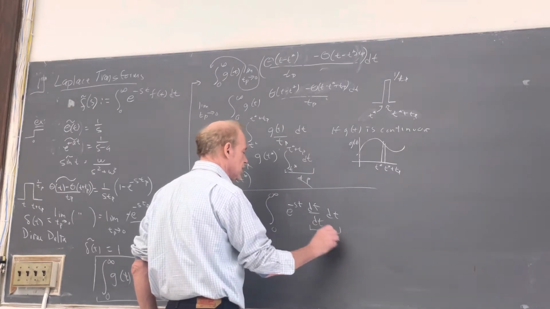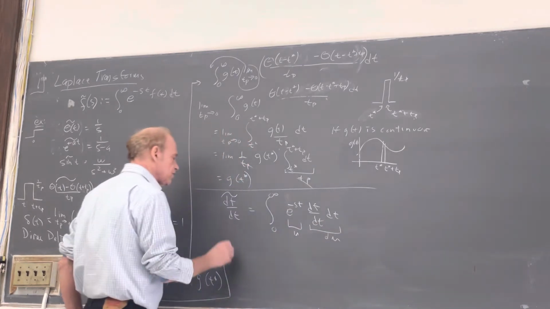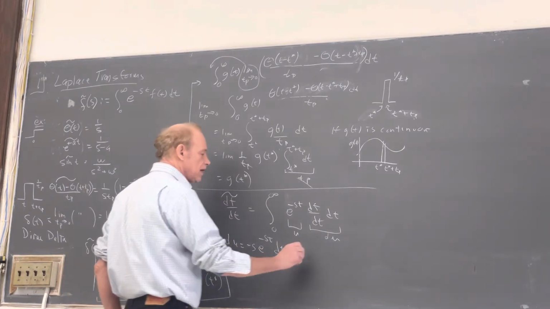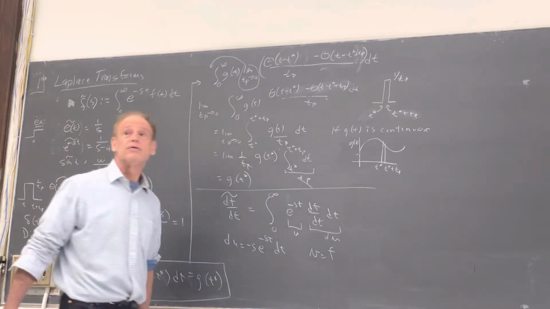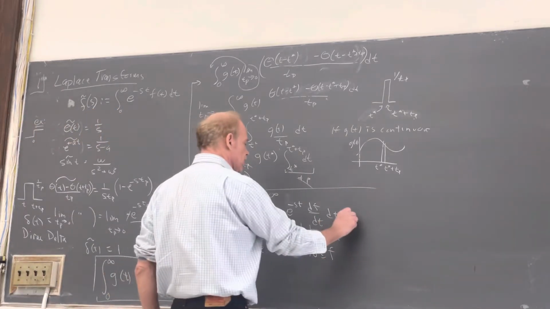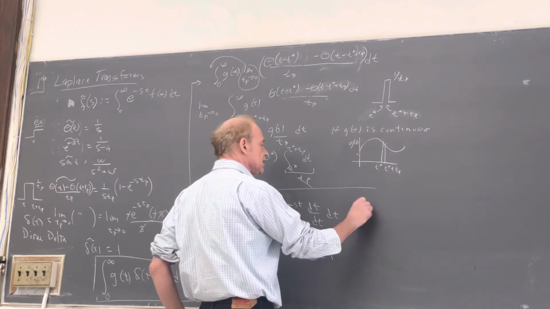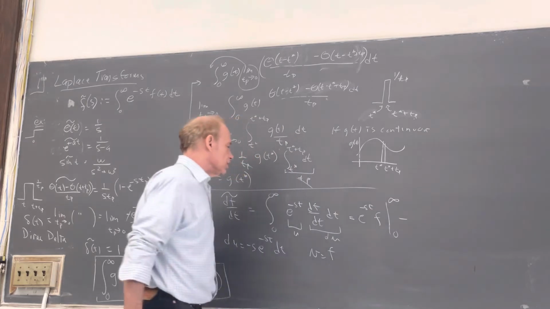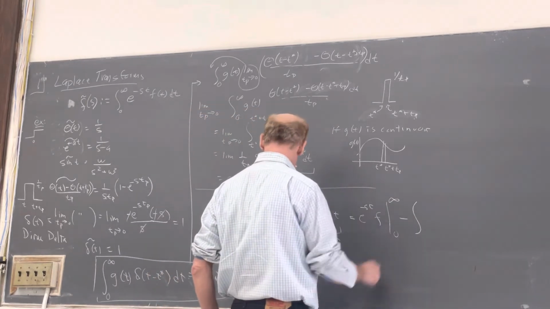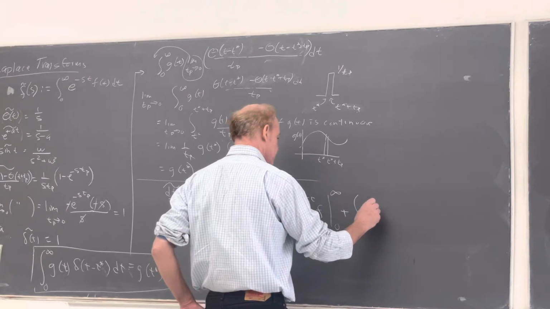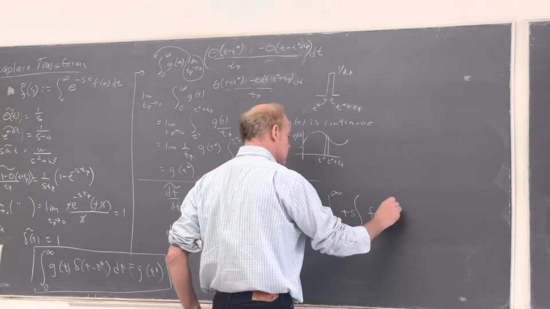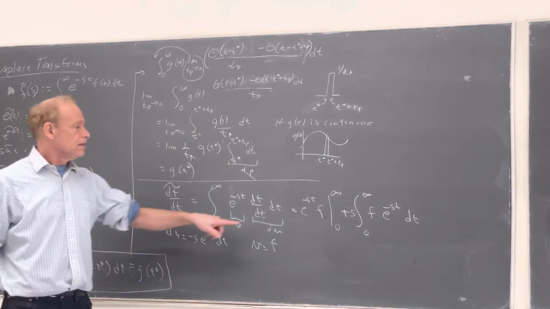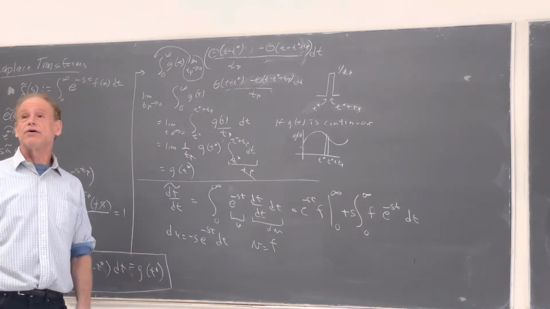Let's call this dv and this u. Then du is minus s e to the minus st dt, and v is just f. So this is equal to uv, e to the minus st times f from 0 to infinity, minus the integral of v du, f s e to the minus st dt from 0 to infinity, where the minuses cancel, the minus v du and the minus u.